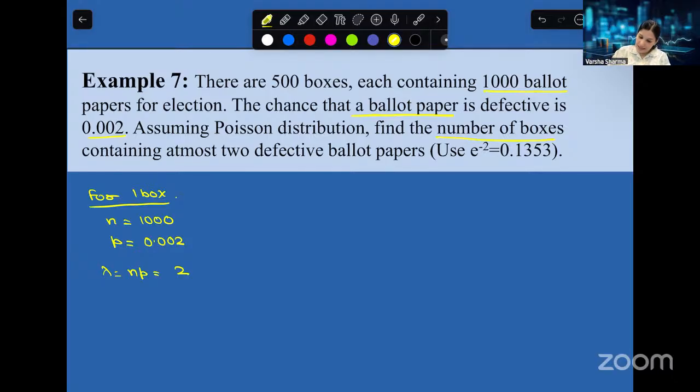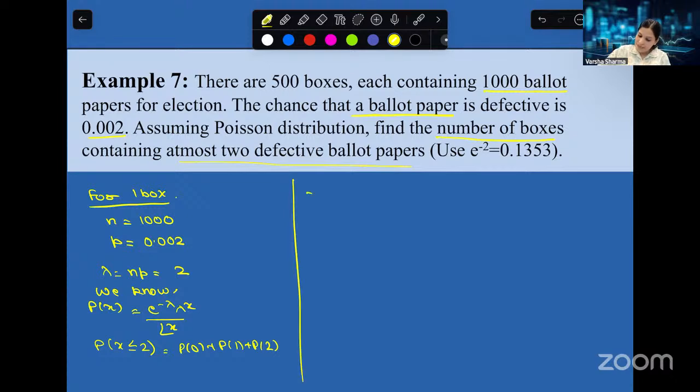Now, probability at most 2 defective. At most 2 is 2 or less than 2. Using this original formula, this is 0, 1 and 2. Taking e power minus lambda common.